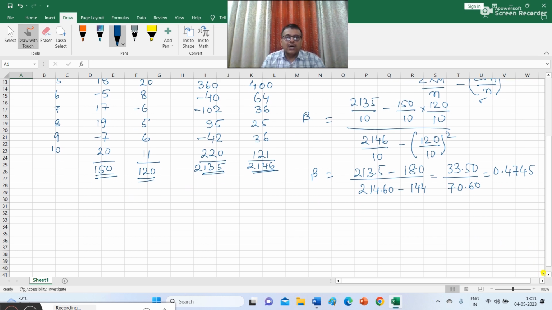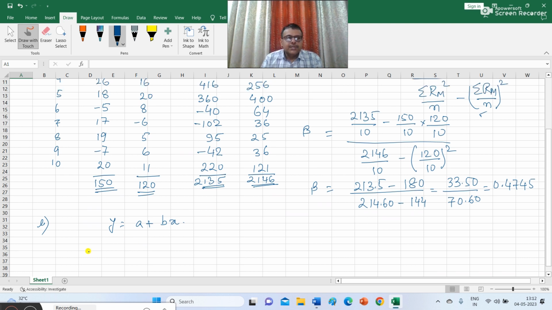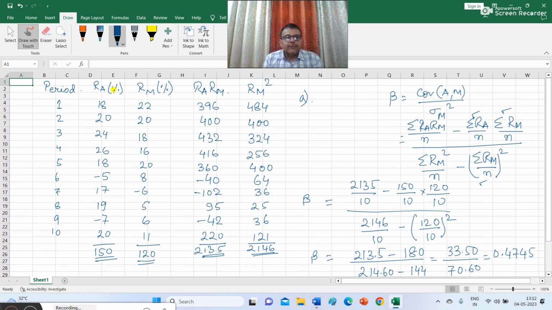Now you have to find out what is the characteristic line. The equation of any line is given as y is equal to a plus bx. This is the general equation of a straight line. The return of security A is given, and the return of the market portfolio is also given.